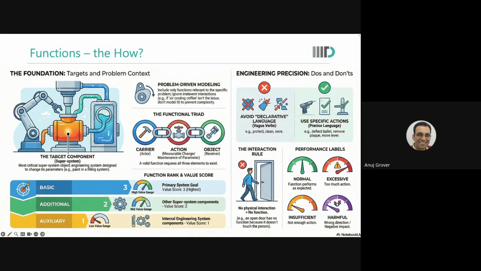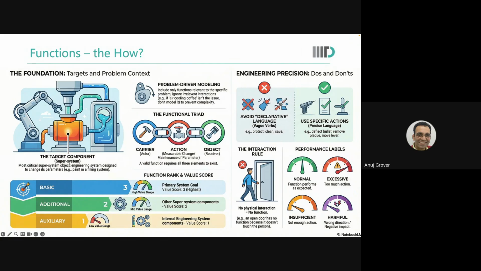If the function was to distribute fertilizer, then fertilizer is the target. And the main function is to dispense fertilizer. Are you with me? So we started to rank the functions. We said any function that acts on the target is a basic function.